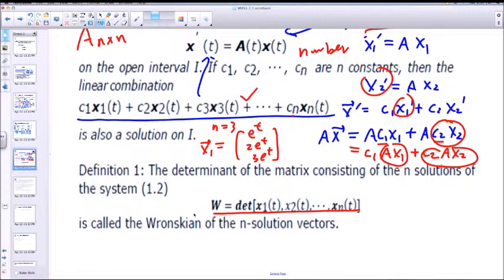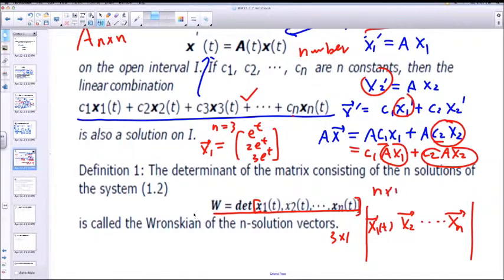Well, if you have this determinant, I need to put all those 3 side by side. The first one is a column, 3 by 1. And the second one is another column, and all the way to the n column. And you can clearly see, if you put it side by side, this is an n by n matrix. The n by n matrix has a determinant, and this determinant has a name called Wronskian.